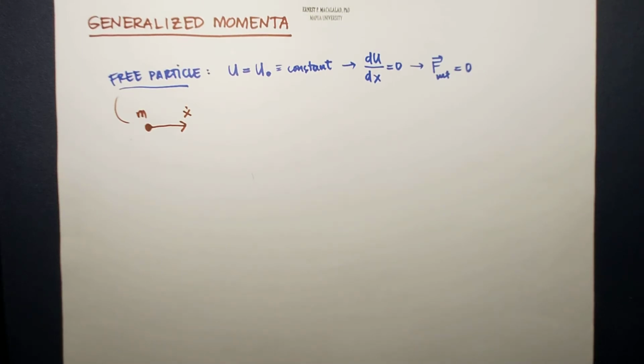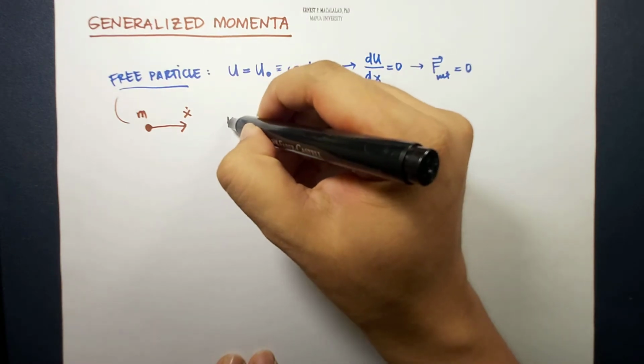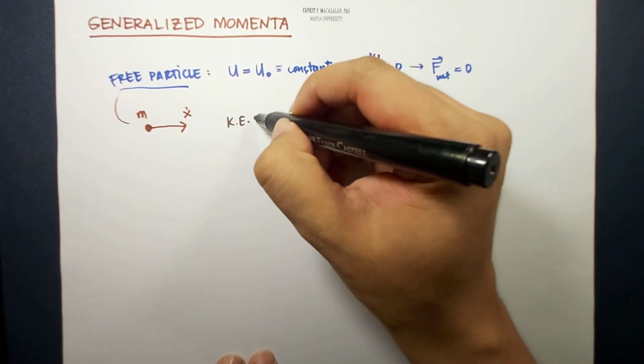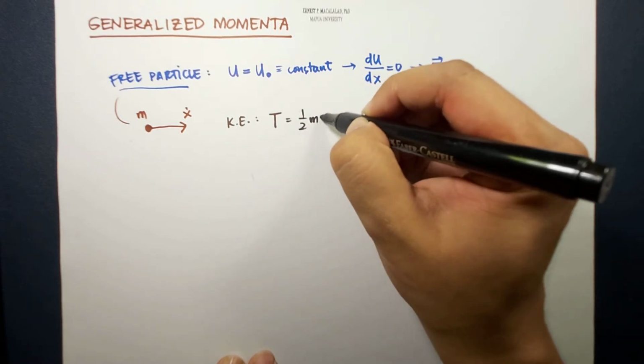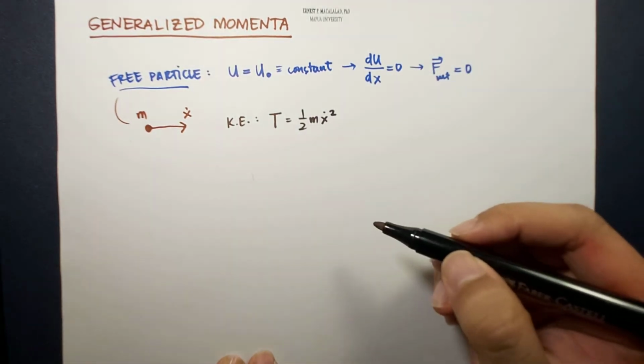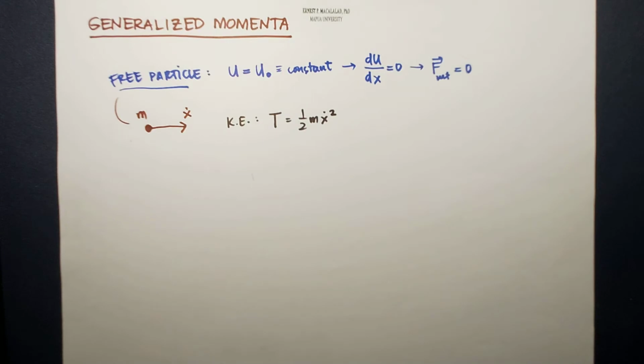This tells us that the particle will be moving with a kinetic energy T equal to 1/2 m x dot squared, while the potential energy is equal to mu naught, a constant.